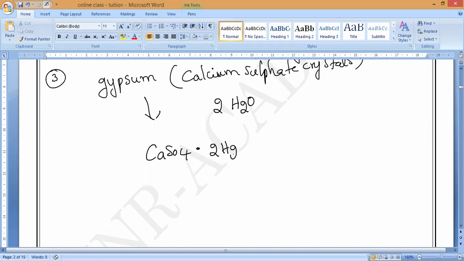So one formula unit of CaSO4 contains 2 molecules of water of crystallization. This 2 is called dihydrate. Please note it down: CaSO4.2H2O, calcium sulfate dihydrate. Di means how many? 2, sir. Let us go with the fourth one.